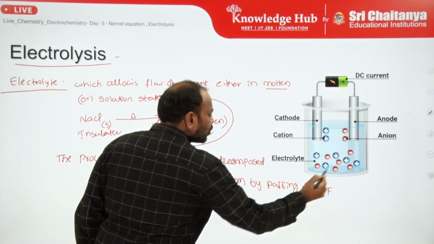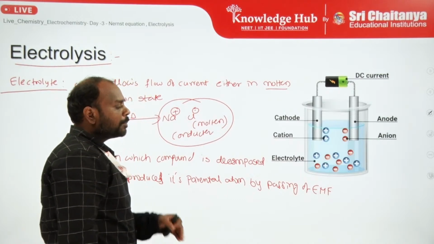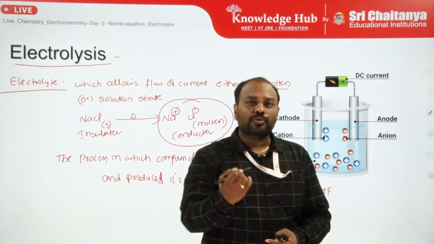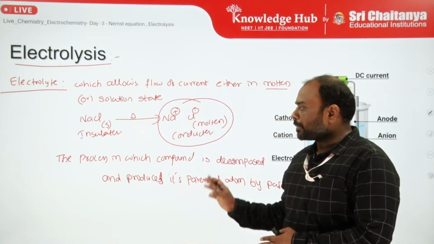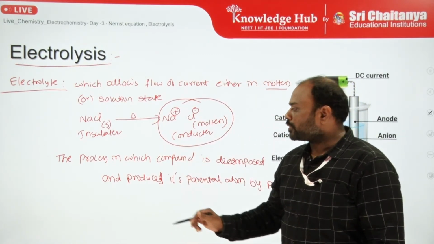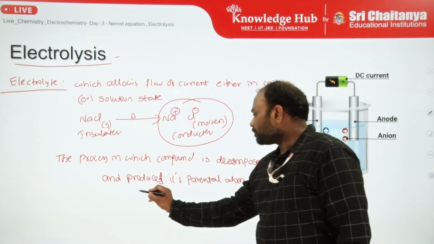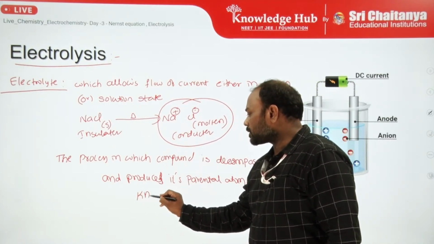EMF is electromotive force, that is nothing but current. If parental atoms are produced by passage of current, then the total phenomenon is known as electrolysis.